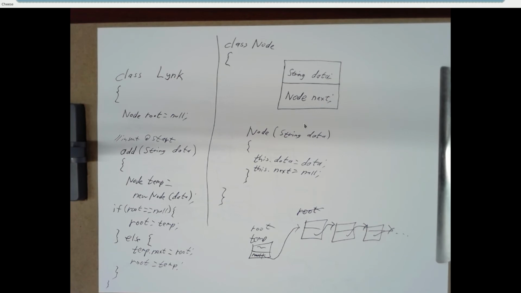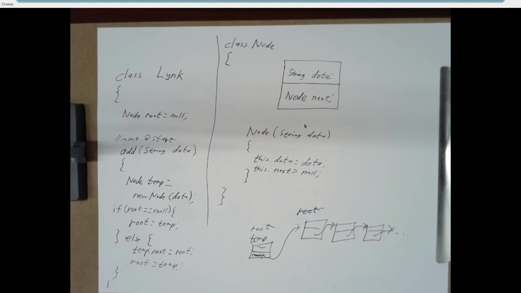Now if I said node root equals new node, and then I set it equal to null, then that node that I constructed is orphaned. It's garbage and it'll get collected. I was thinking rather you actually pass in null to new node. But then I'm pointing to a node, I'm setting root to be a node that somehow contains null or represents null. And that's different from saying the root's actually null.